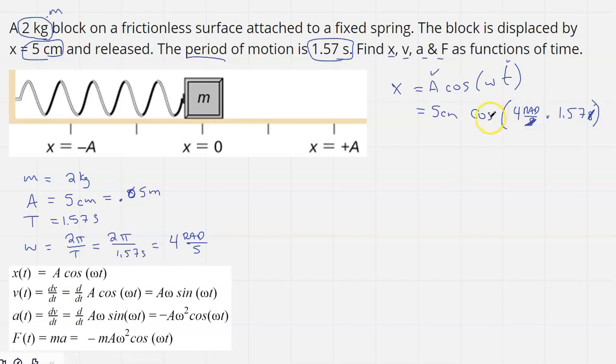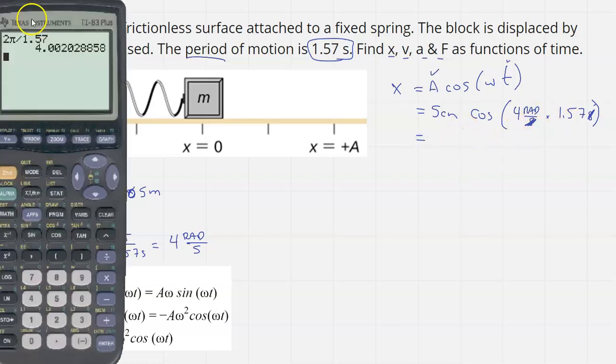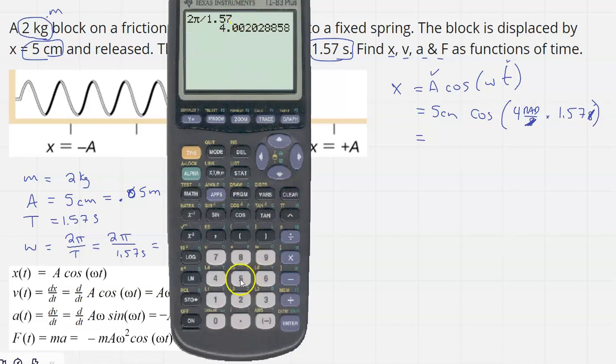When I take a trig function, I need to have nothing but an angle in there, and in this case, that should be measured in radians. So make sure that everything cancels out there. And then you're ready to plug some numbers in and see what happens. I could just come along and say 5 cosine 4 times 1.57, and I get 4.99. It's almost up there at the top. I'll put 4.99 just to show that it's a little bit different.